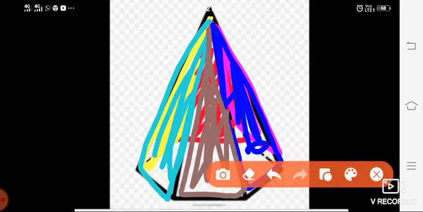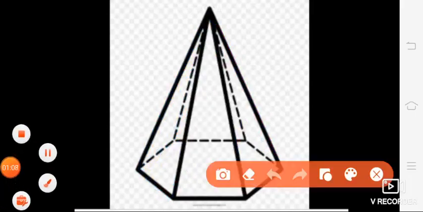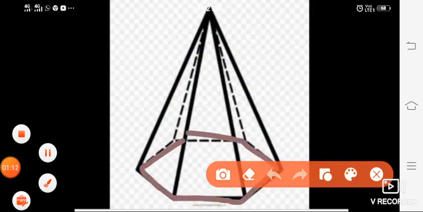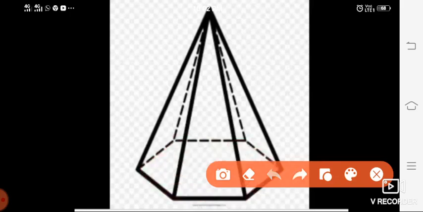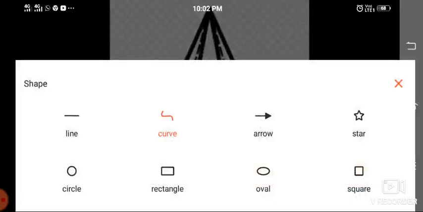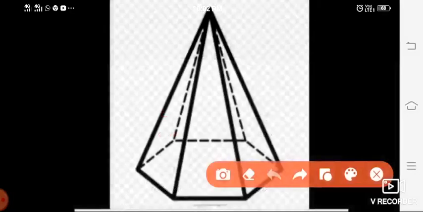So standing 6 faces. And now if we look at the down side, here we have one more face, down one. So this is the 7th face. So the hexagonal pyramid has 7 faces. Did you understand?